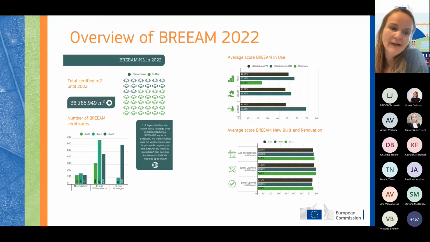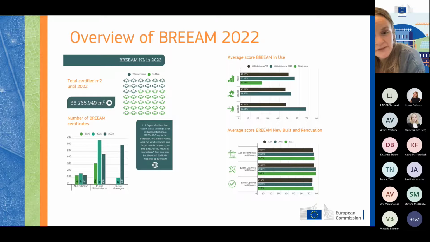You can also see that the usage of BREEAM has increased quite a bit, especially for the in-use certification schemes. And that is due to the fact that a lot of investors are using our schemes to certify entire portfolios. If the line goes up like this, that is a good thing for sustainable construction.